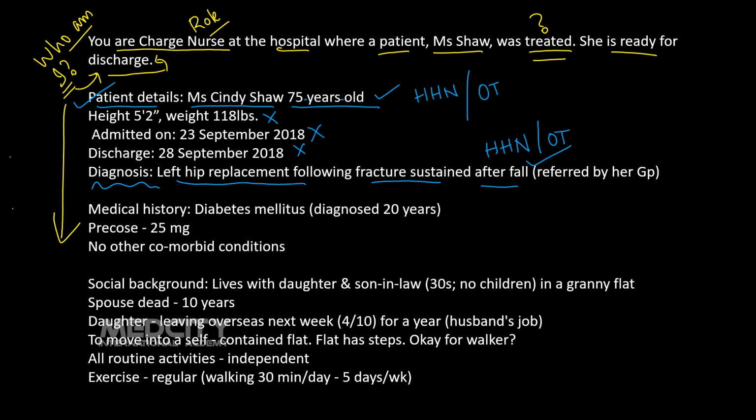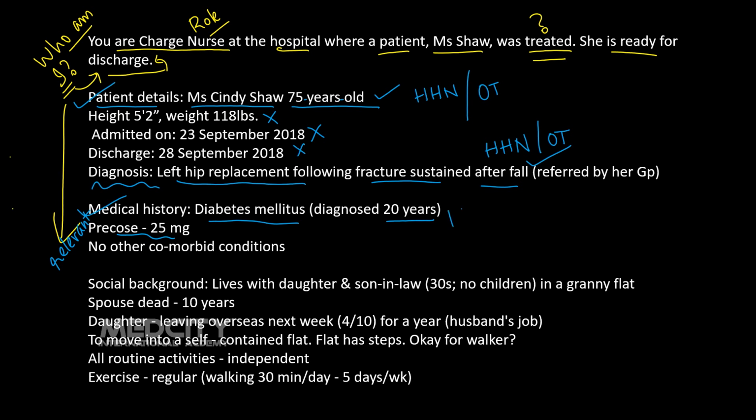Now let's look at medical history. As a home health nurse, I'll need to know her medical history, whatever is relevant. Remember we discussed relevant medical history. That she is a diabetic patient is something I'll need to know. Twenty years, okay, I know the kind of medicine she'll be having, and this is what she takes, no other condition.